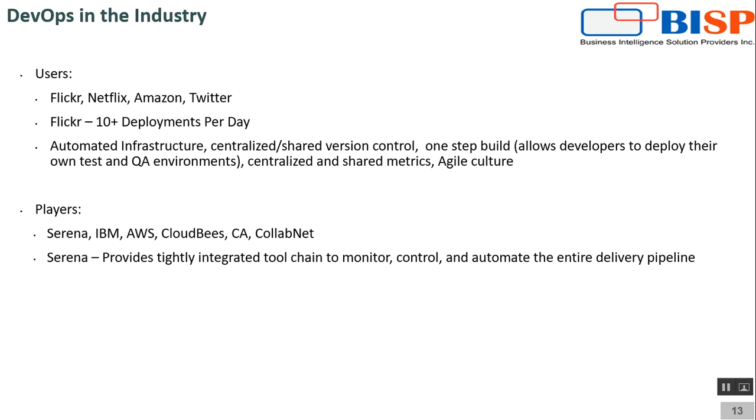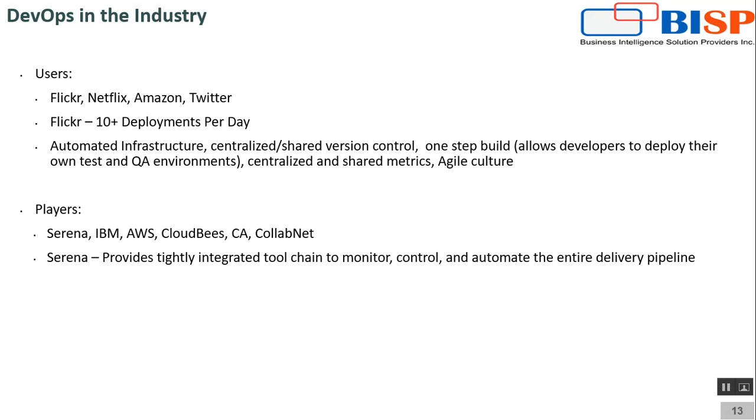These companies have made their setup in such a way that they can easily do 10 plus deployments per day, or at least daily deployments. Whenever they want to implement a change, they can go for deployment in production. This is how they have implemented DevOps.